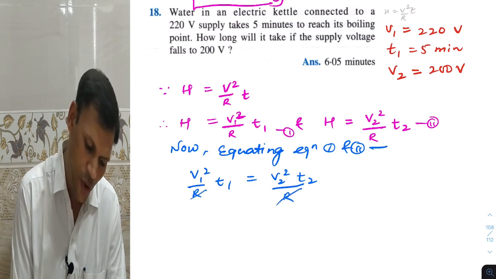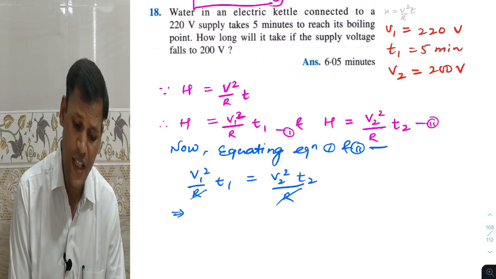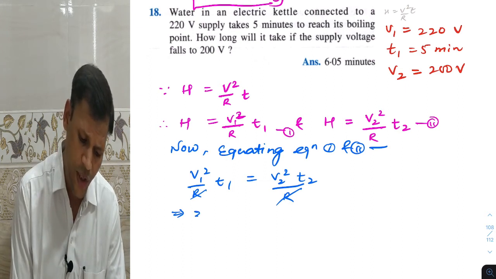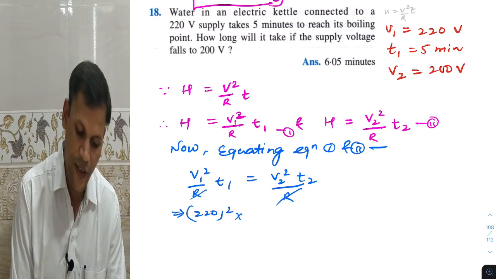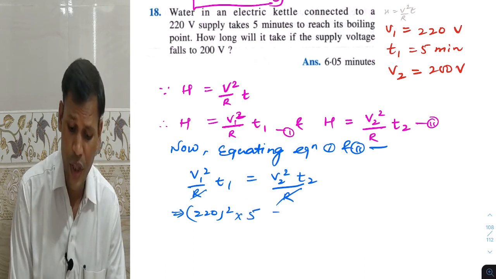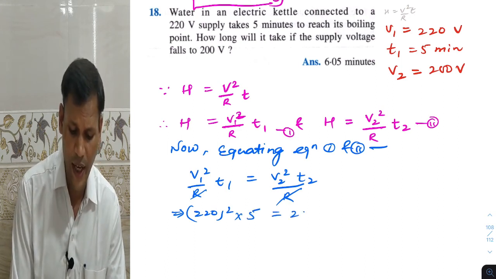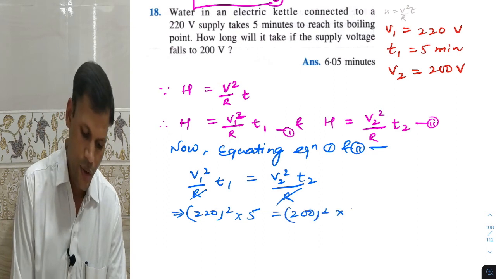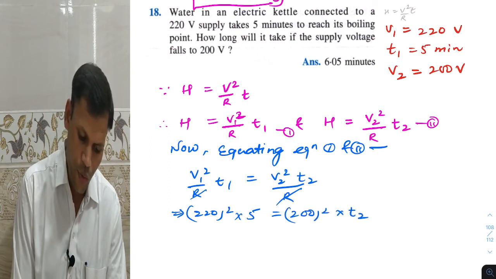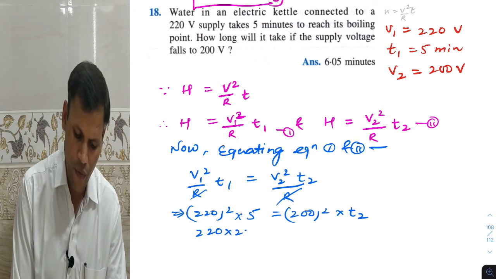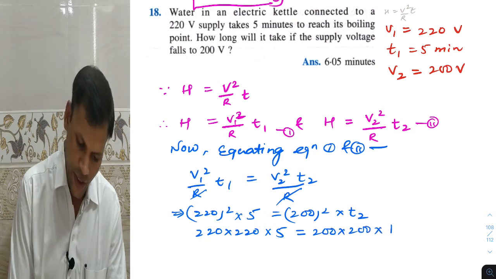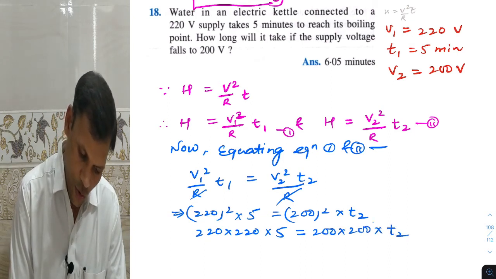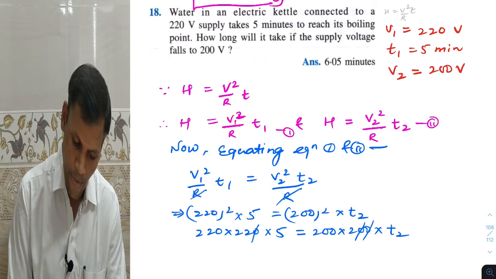Now we can substitute all the values. 220 squared into T1, which is 5 minutes, is equal to 200 squared into T2. So 220 into 220 into 5 is equal to 200 into 200 into T2. We can cancel these two zeros.